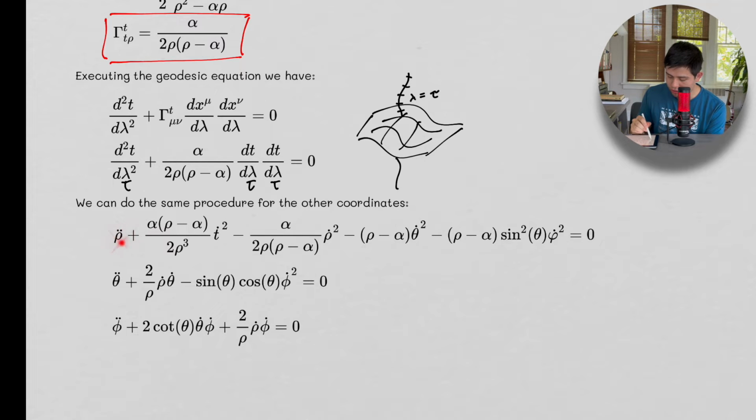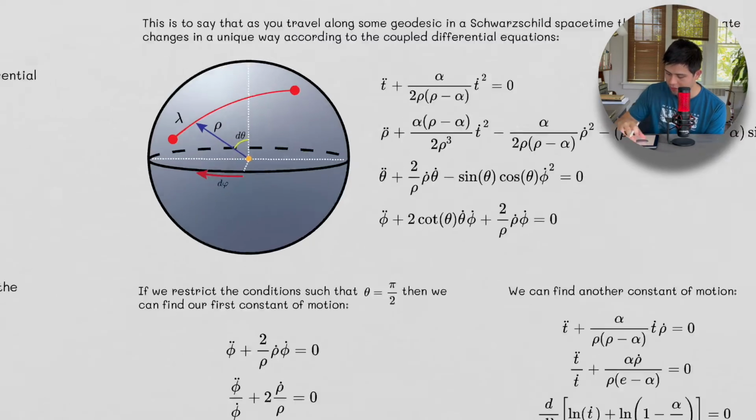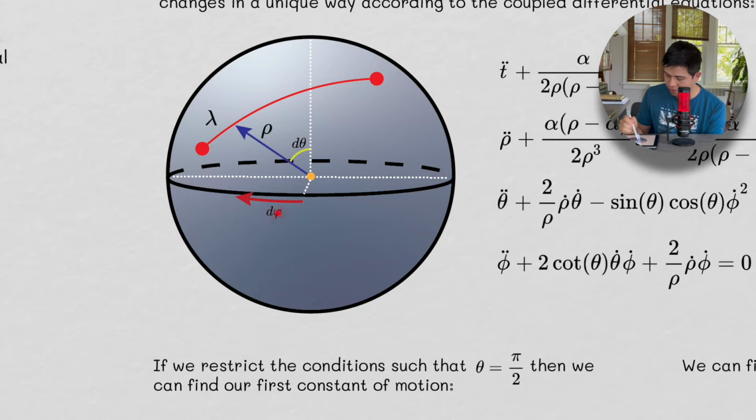So rho is the Schwarzschild radius, theta is the angle, we have a picture of this later, I think it's right here. So we have an angle, and then we have phi, with theta and phi. Depending on how you label these things, one is going to be the angle away from this axis here, the other one's going to be the angle from this axis here, and the rho is going to be the Schwarzschild radius.